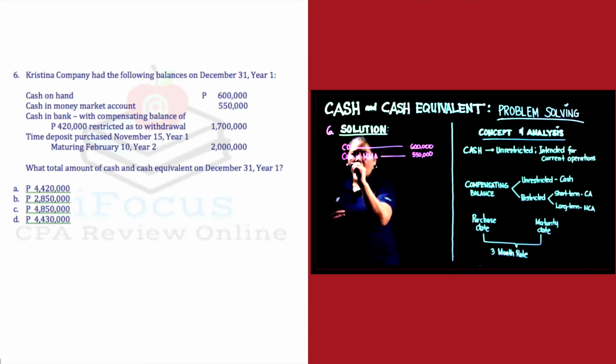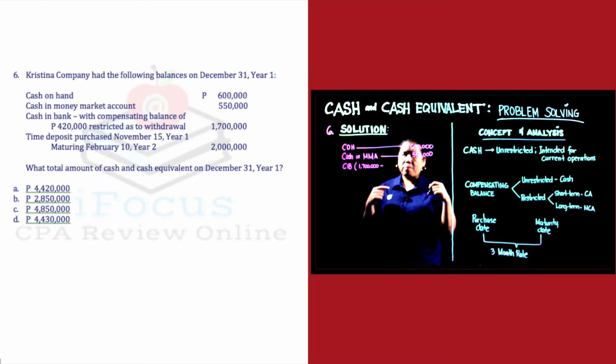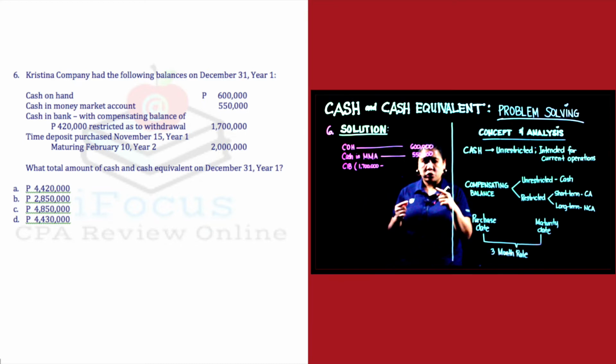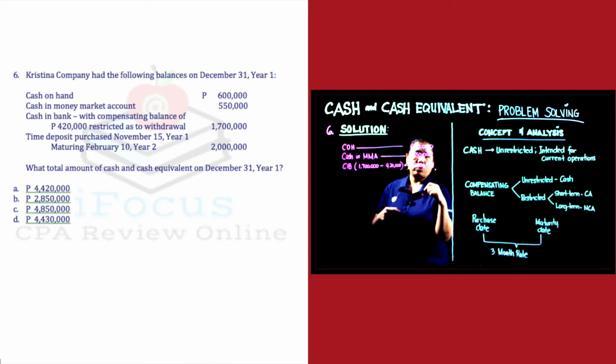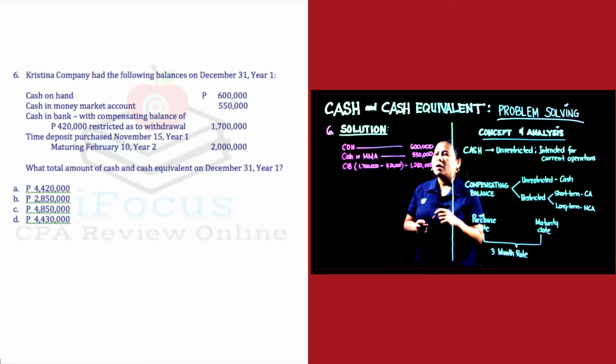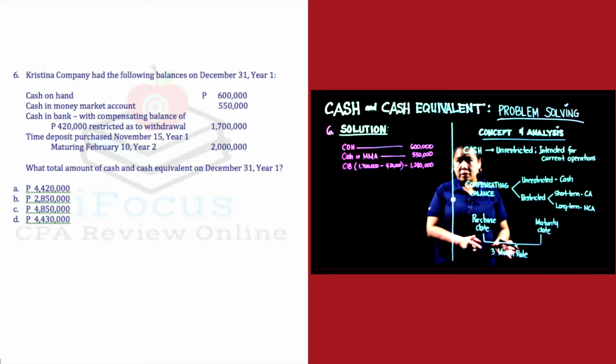So we have our cash in bank minus the 420,000 na compensating balance restricted as to withdrawal. Alright? So we have a cash in bank na 1,280,000. Now, another item is time deposit purchased November 15, year 1, maturing February 10, year 2. So kapag ang problem binigyan ka ng dates, then you have to determine kung pasok siya sa 3-month rule ng cash equivalent.